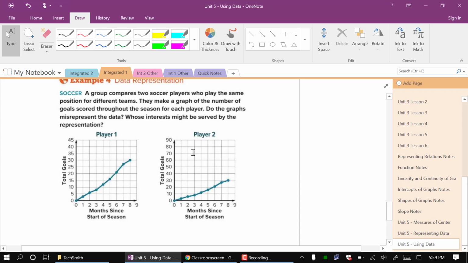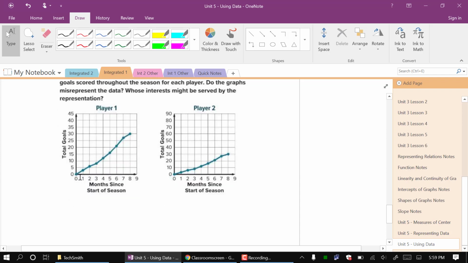So we've got player 1 and player 2. If we look at player 1's graph, we have the months in the season, and our total goals going by an interval of 5. For player 2, we have the months of the season, and our total goals going by an interval of 10.